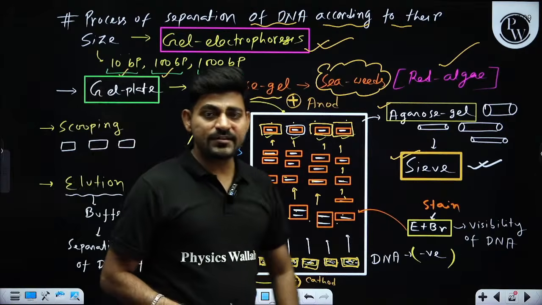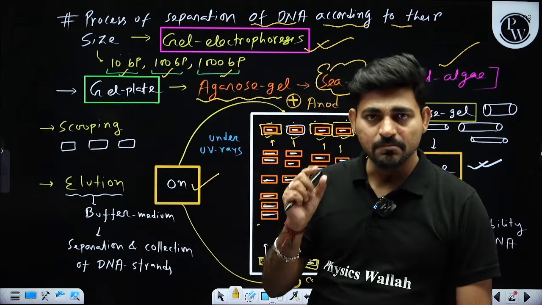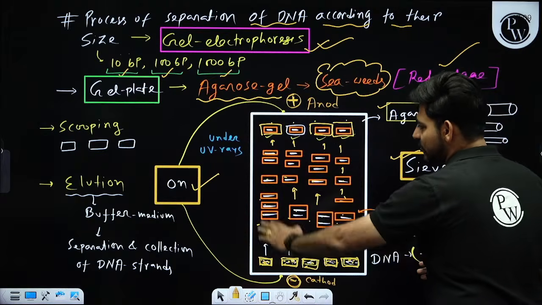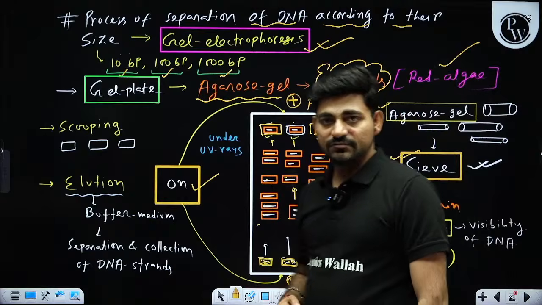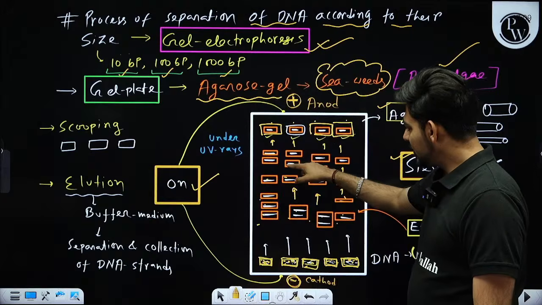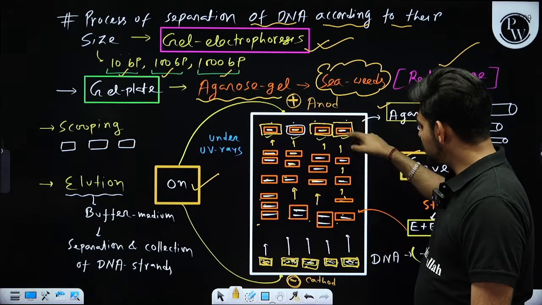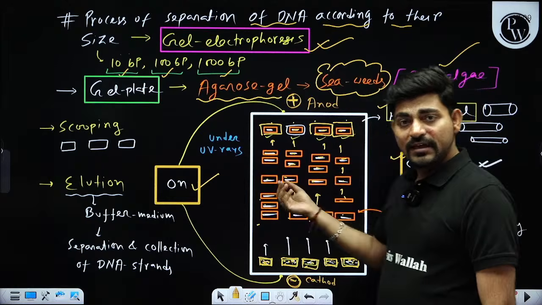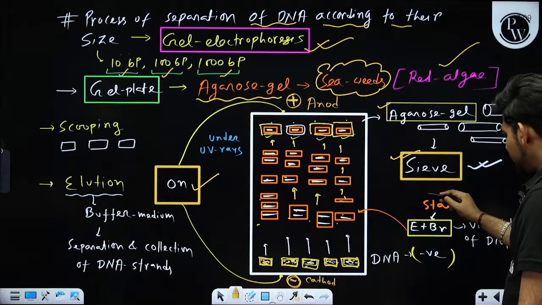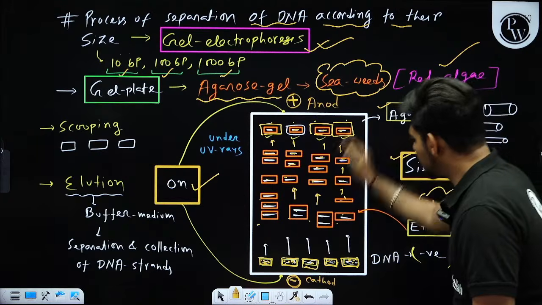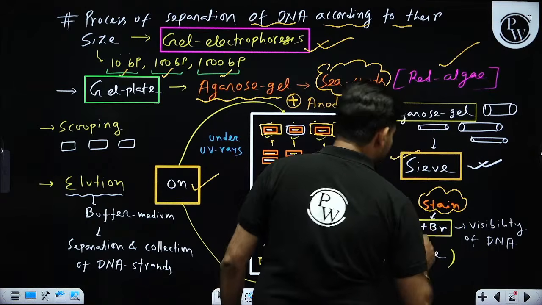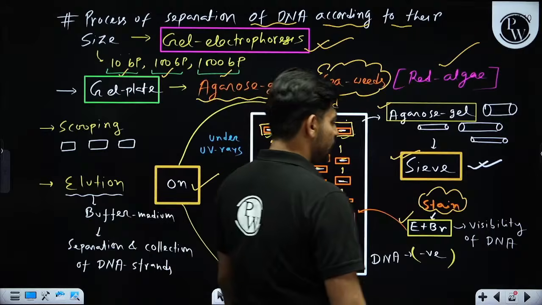Now, DNA molecules are very minute, and even under normal light you cannot observe them, but how to isolate them? If you are not observing these DNA strands inside the agarose gel, it will be impossible for us to extract or isolate them. So for that, we have to stain, we have to color this gel plate with the help of a special dye called EtBr, the full form is ethidium bromide.